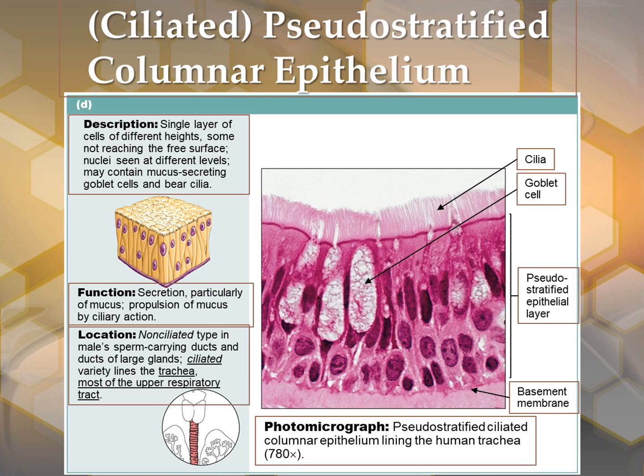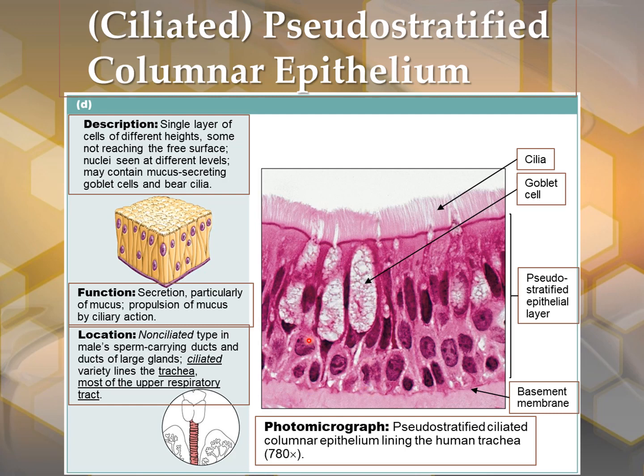It may look stratified because the nuclei are kind of all over the place, but it's really a single layer of cells. But what the difference is, these columnar cells, some don't reach the top, some don't reach the bottom, so they're not like the simple columnar where each cell goes top to bottom.